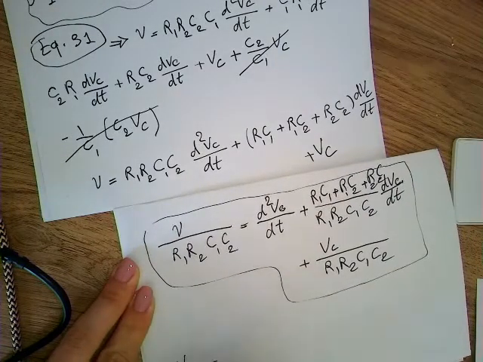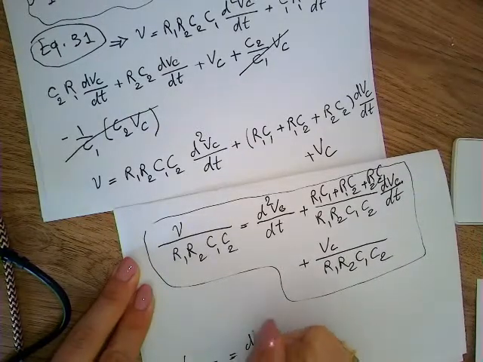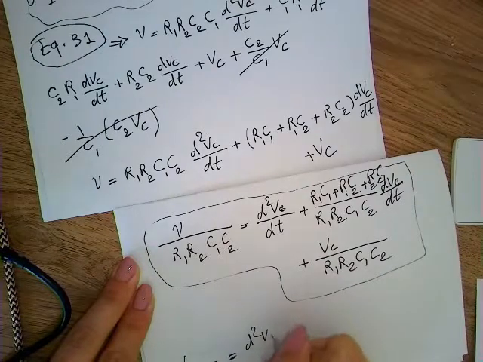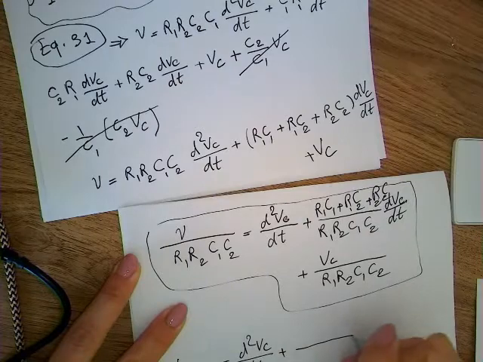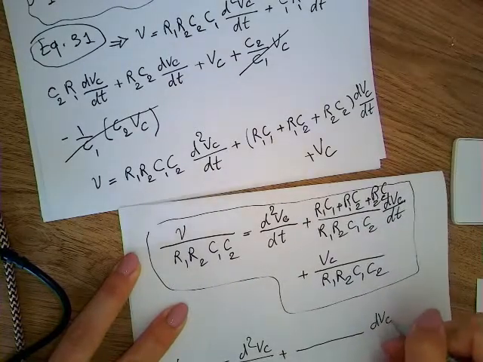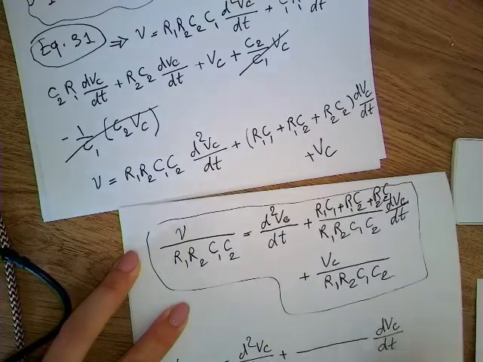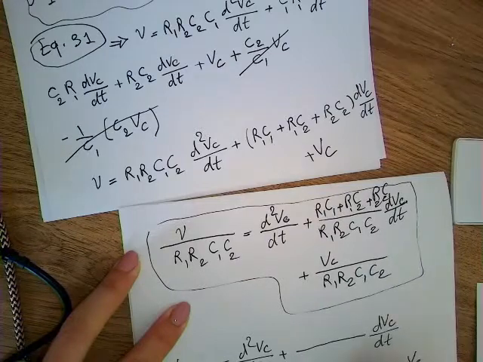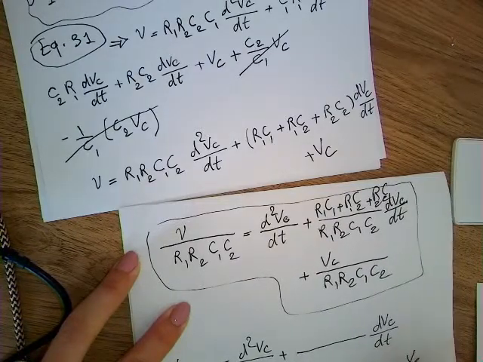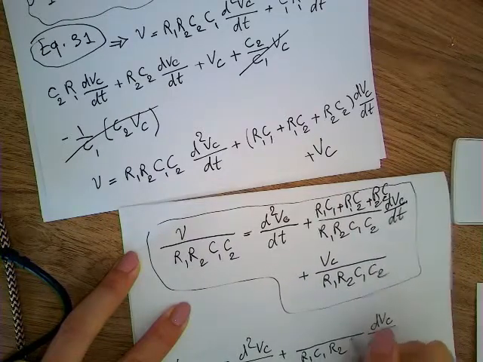Now say R1, R2, C1, C2, and second derivative of VC over T plus dVC dt, and then plus VC, let's take that out, R1, R2, C1, C2, R1, C1, R2, C2.